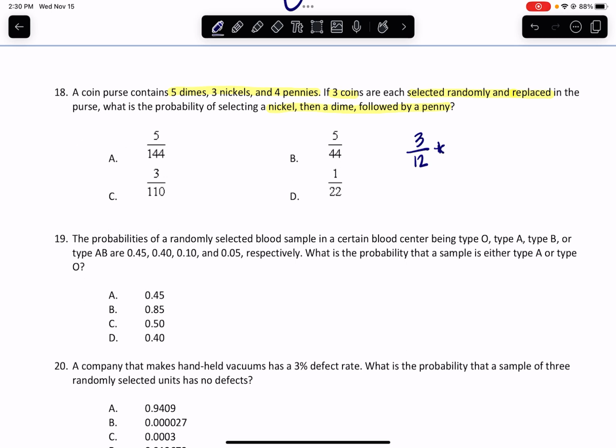But now for my dime, I have 5 out of 12. And for my penny, I have 4 out of 12. And when I work that, again, I did this in a stacked fraction, it becomes 5 out of 144, which is A.